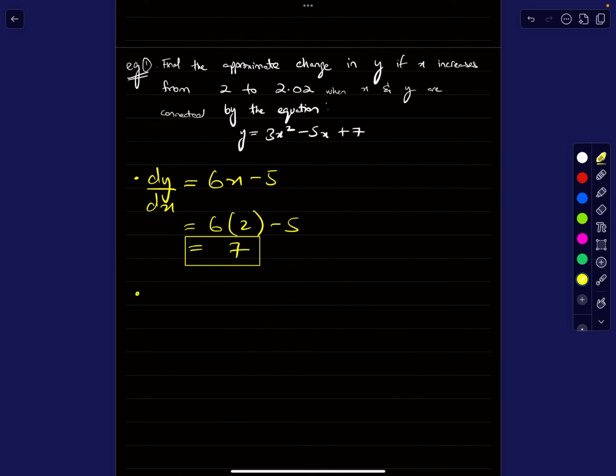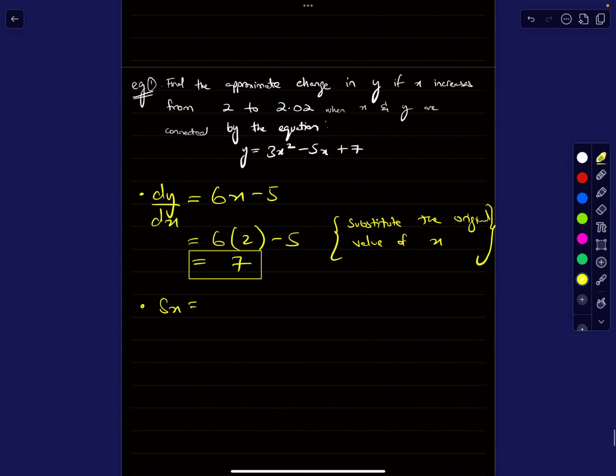I write this down too: substitute the original value of x. And then a small change in x is what we need. Final minus initial is equal to 0.02. That's the small change in x.